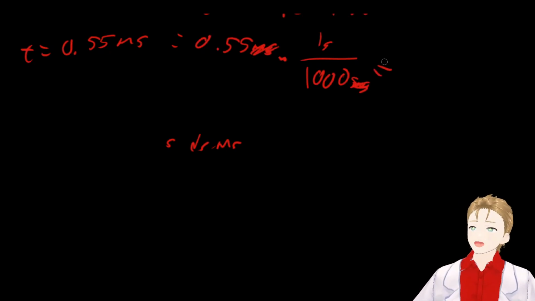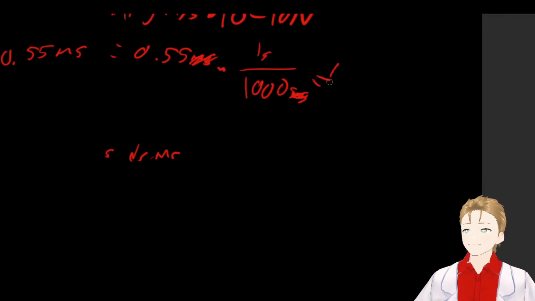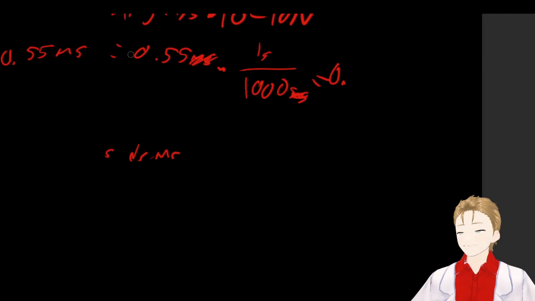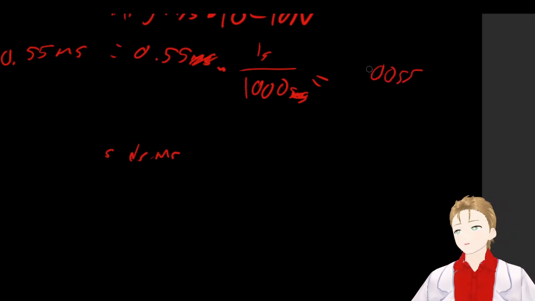Anyways, let's cancel, and we get 3 times 0.1. Is it like, wait, is it 0.1? There's 55. 1, 2, 3.